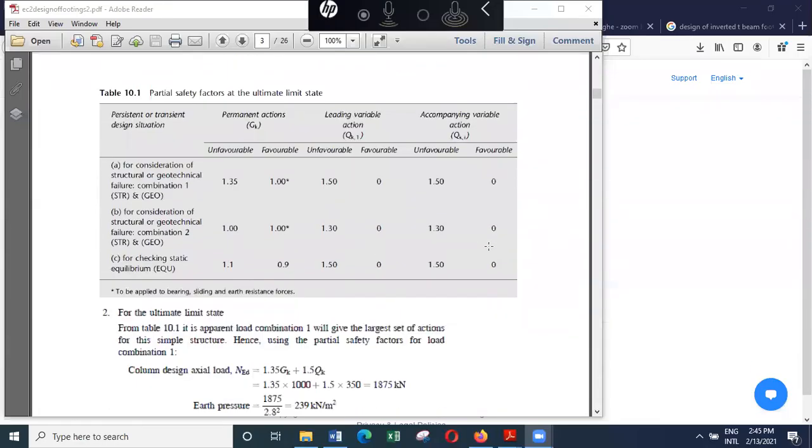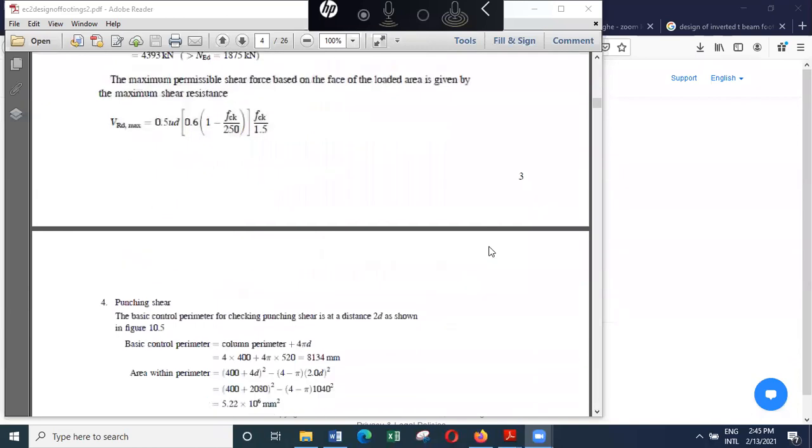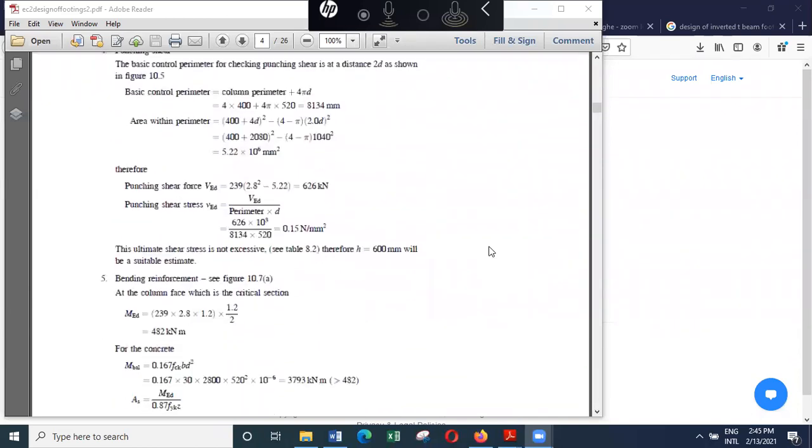So we have to see what the value of the bending moment is. The bending moment is equal to 239 multiplied by the width of the base, because over 2.8 meters this force is acting, multiplied by 1.2.